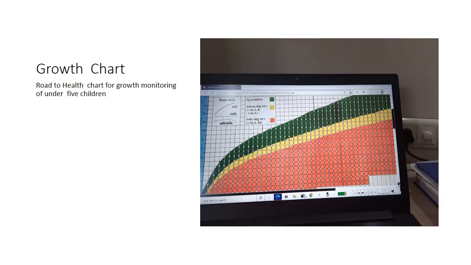The private pediatricians file also usually have such growth charts for their under 5-year clients. This is a pictorial chart and an effective educational tool to teach mothers how the growth is going on as far as her children are concerned.